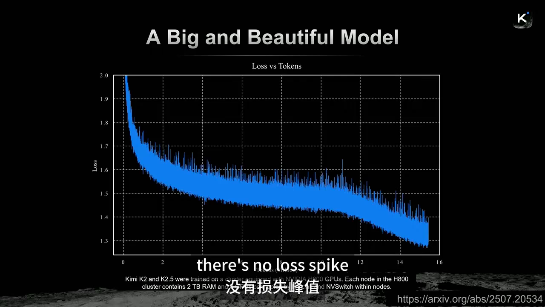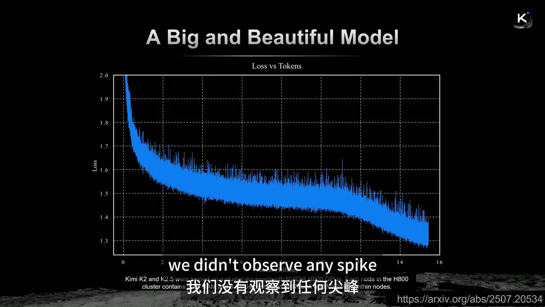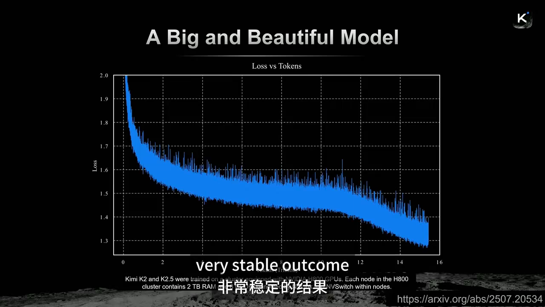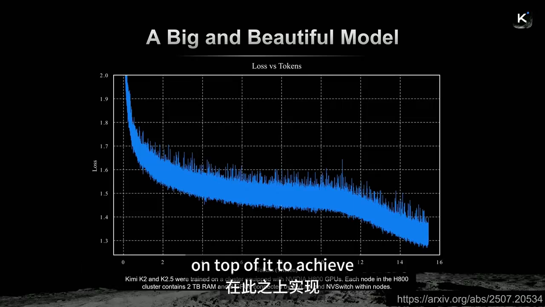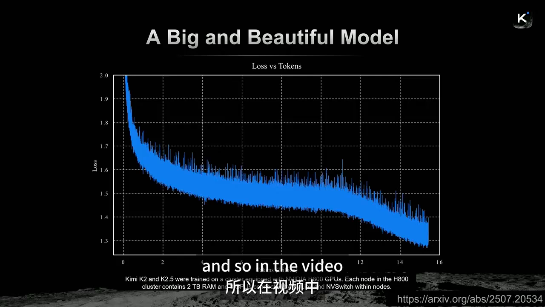There's no loss spike, especially when we introduced this new Muon optimizer. We didn't observe any spike. And this smooth, stable training process produces a very strong base model that we can fine-tune on top of to achieve new capabilities, as we saw in the video.